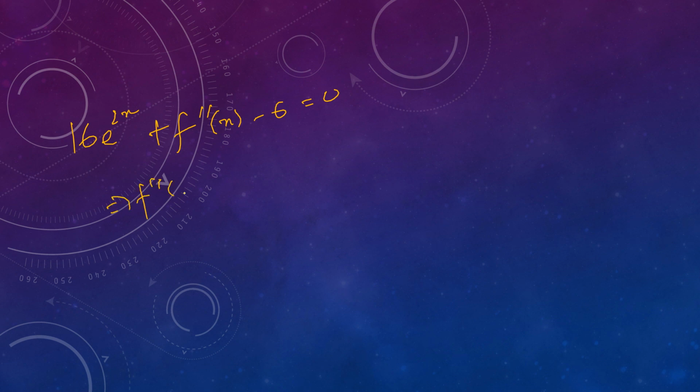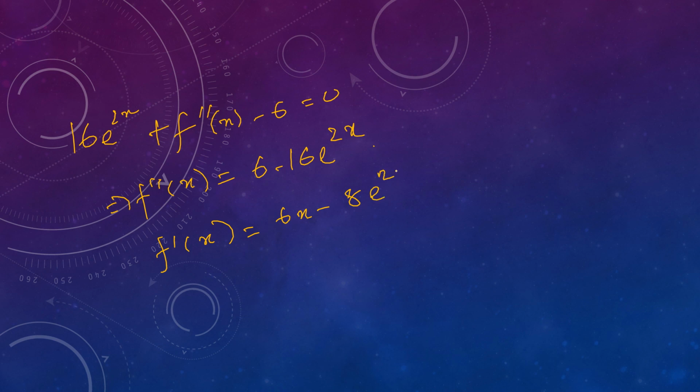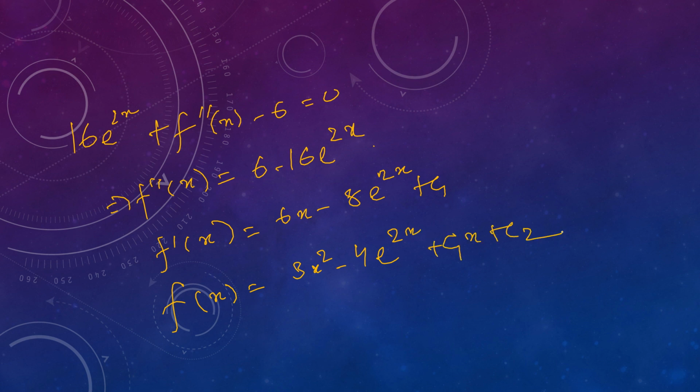So f double dash x we are getting from this is 6 minus 16 e to the power 2x. So f dash x is 6x minus 8 e to the power 2x plus c1. f(x) is equal to 3x square minus 4 e to the power 2x plus c1 x plus c2.